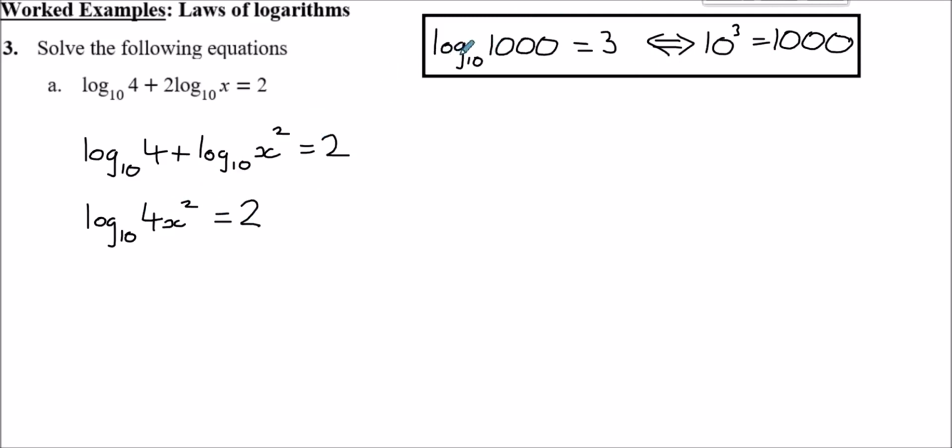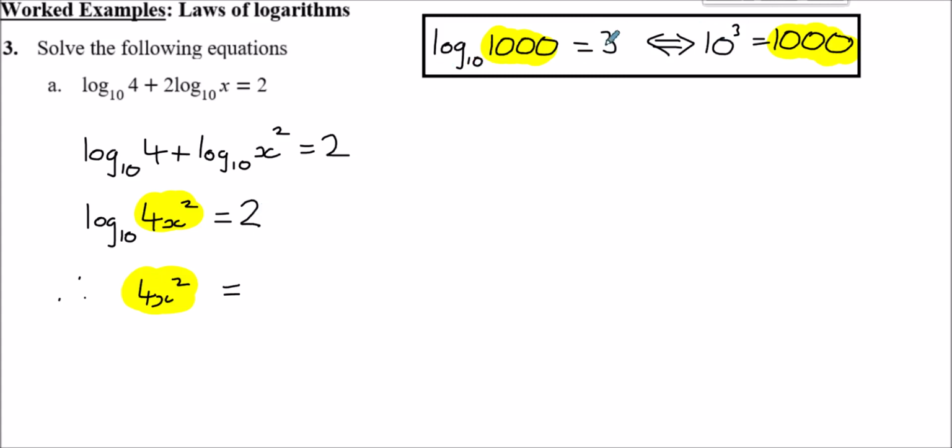And so log base 10 of 1,000 equals 3, 10 cubed equals 1,000. So what we can see here, I'm hoping, is that 4x squared, I'll just colour code this in fact. So if I put 4x squared here, that's going to be the base multiplied by what was the 3, which is now the 2.